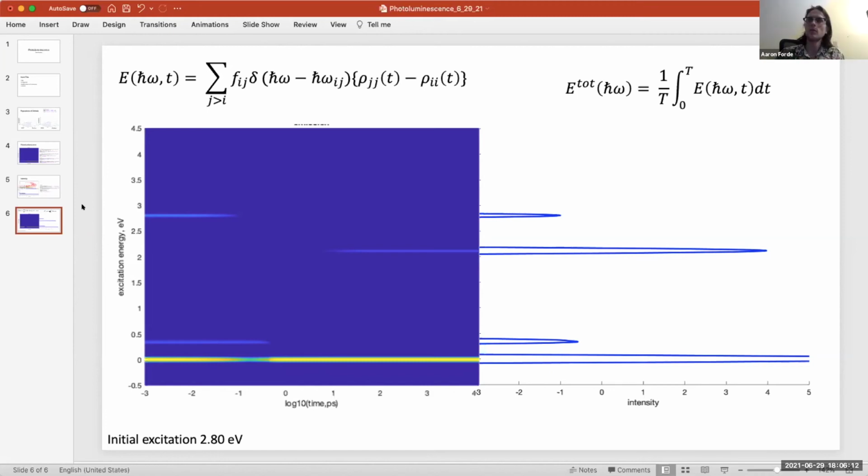I might have missed this, but why is there that dulling of the yellow at roughly -1? I have no idea. It's indicating there's a loss of intensity there for some reason, but I really don't know what that reason would be.